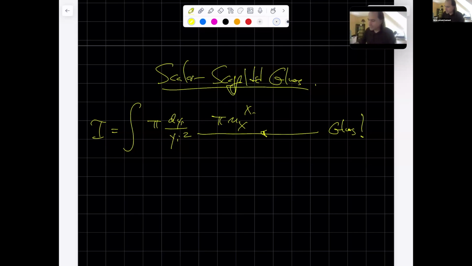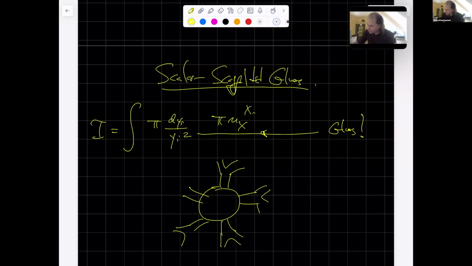Technically speaking, this is gluons in the scalar scaffolding picture, but mathematically these y's are associated with some triangulation of the surface, and so we're going to be talking about a surface with 2n extra particles where the triangulation looks like this. So it looks like we triangulate an inner part and we just add these forks on the outside.